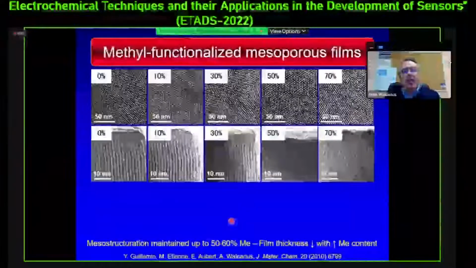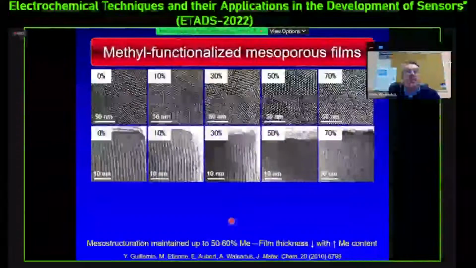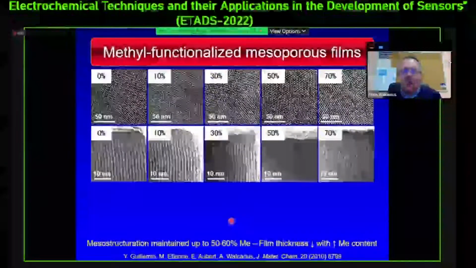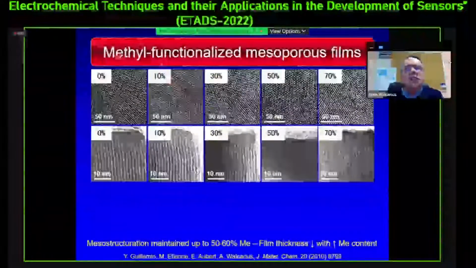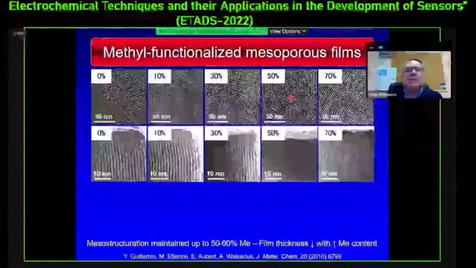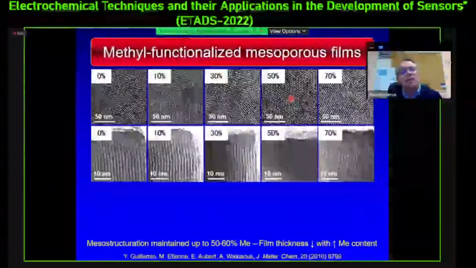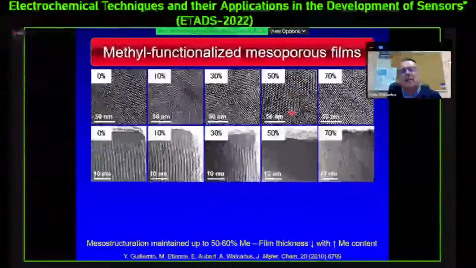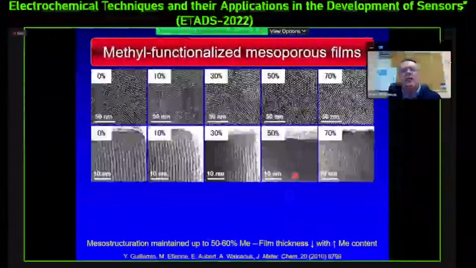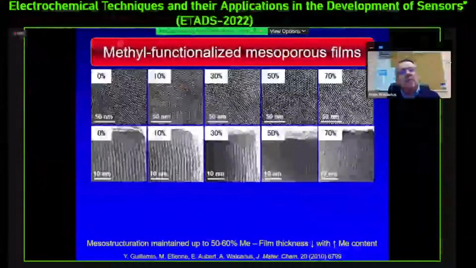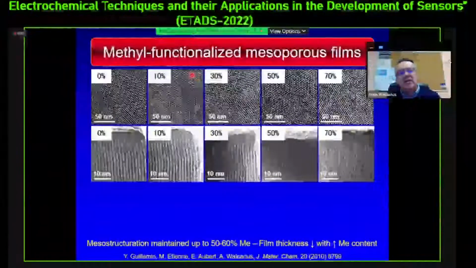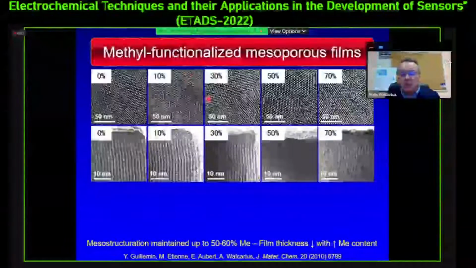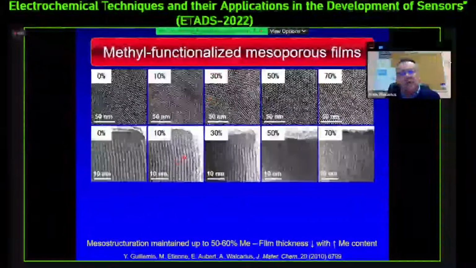Okay, we can also use a simpler organosilane just bearing methyl groups, and in that case we can increase a little bit more the extent of functionalization while keeping the hexagonal order and the pore orientation. Up to 60% of methyltriethoxysilane we can get some well-ordered system.